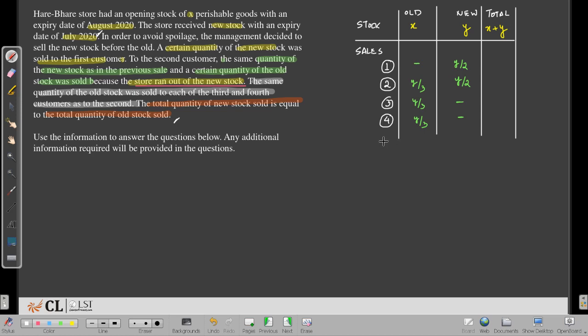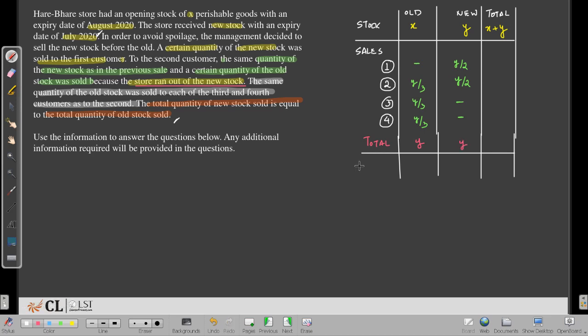We could probably make a few inferences here. Let's extend these lines a bit, and we can add the total of the sales. Total sales in this case is equal to y, and the total on the other side is also equal to y.